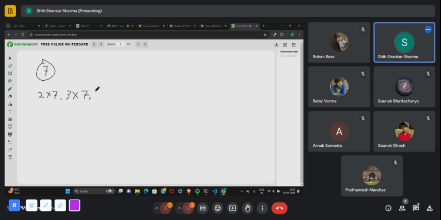Now if we come to 4 into 7, can we say 7 will be the largest?